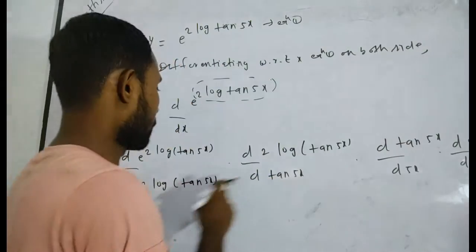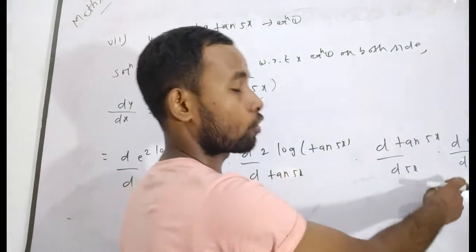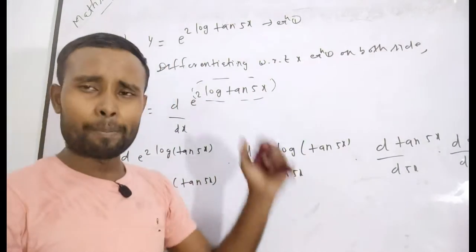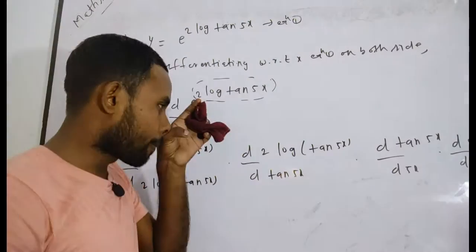Here I have used 4 terms, 1, 2, 3, 4. Sometimes you will cover only 2 terms, sometimes 3, many times it depends upon the complexity of your question.